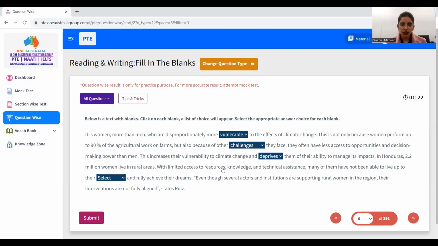And at last, with limited access to resources, knowledge, and technical assistance, many of them have not been able to live up to their dash and fully achieve their dreams. They can't live up to their abilities, or we can say capacities, and fully achieve their dreams.